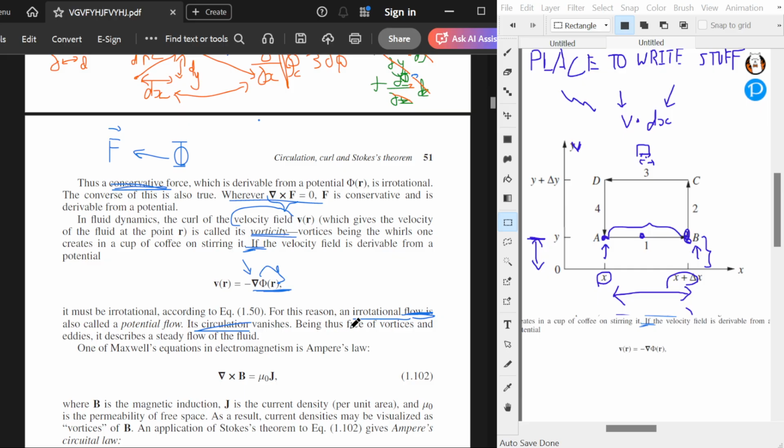Being free of vortices and eddies, it describes a steady flow of the fluid. So the fluid is just going in one direction, it's not really curling around itself. I don't know.